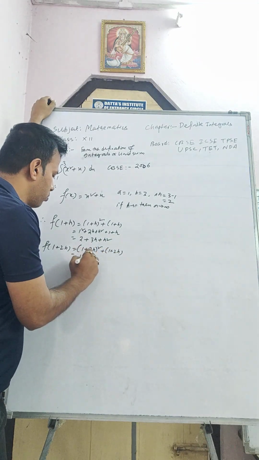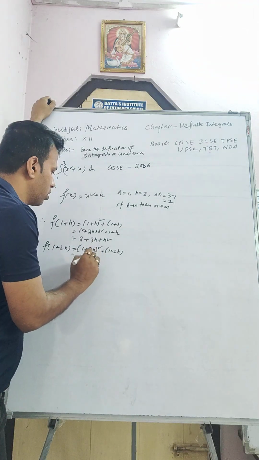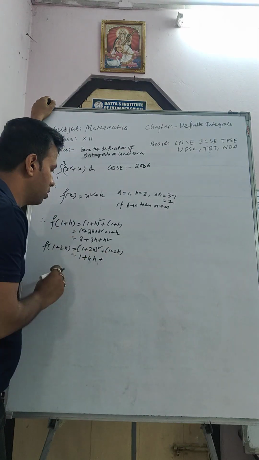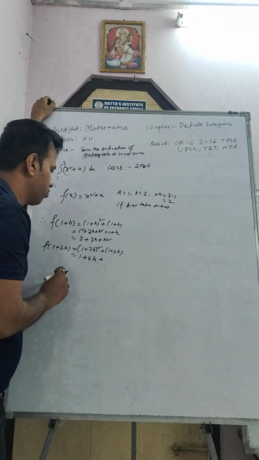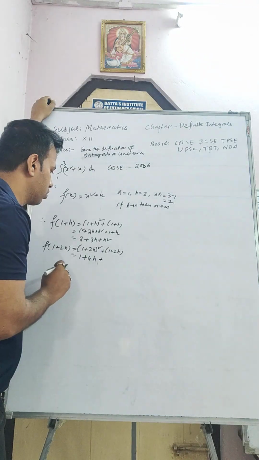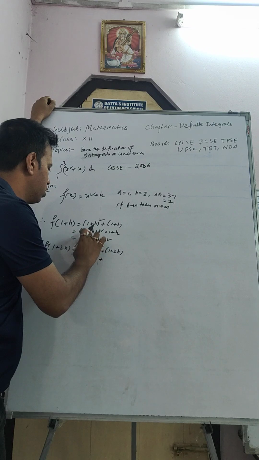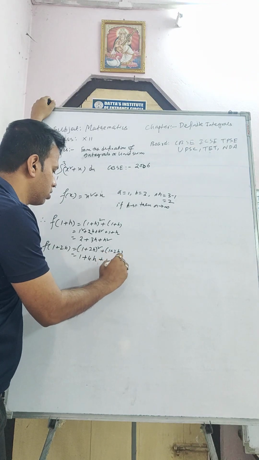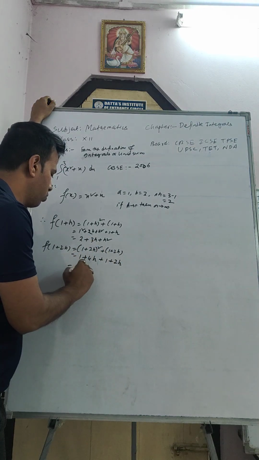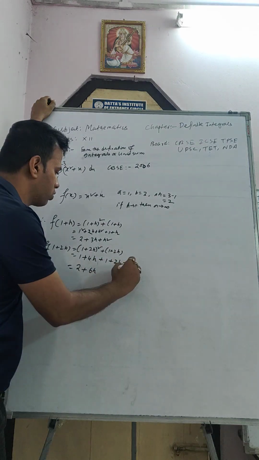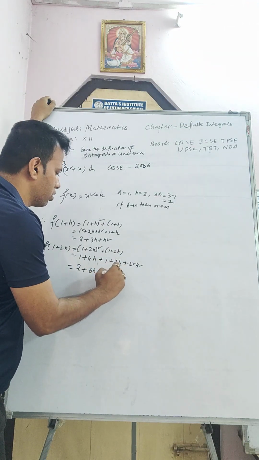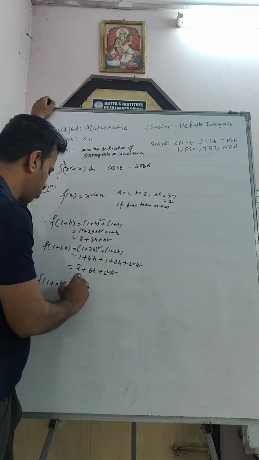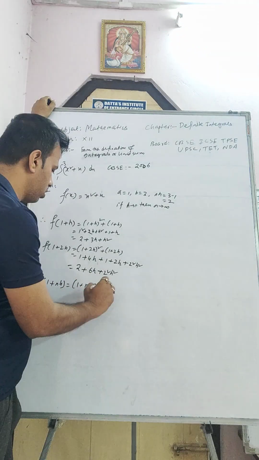Okay, so it will be 2 plus 6h plus 2 square h square. Okay, fine. So similarly f(1 plus nh) will be (1 plus nh) whole square plus (1 plus nh).